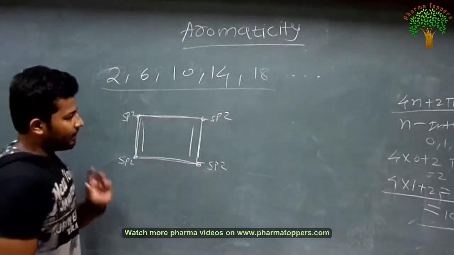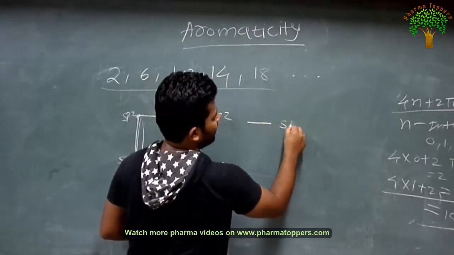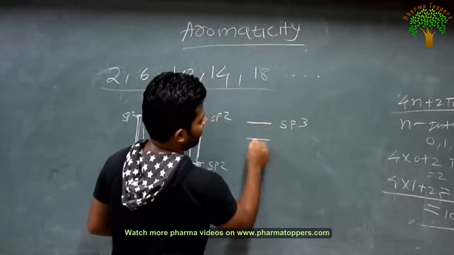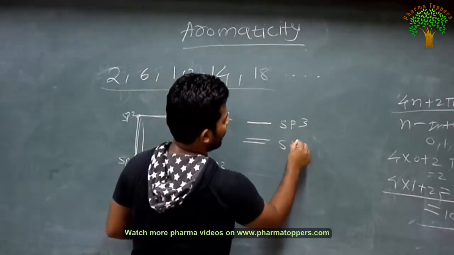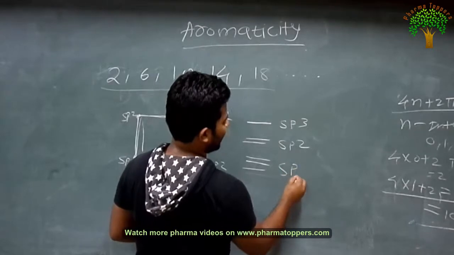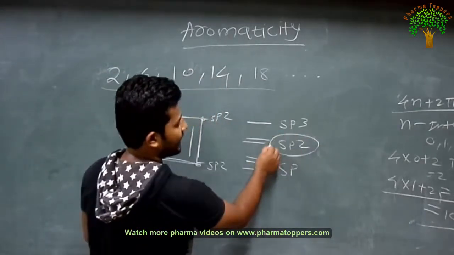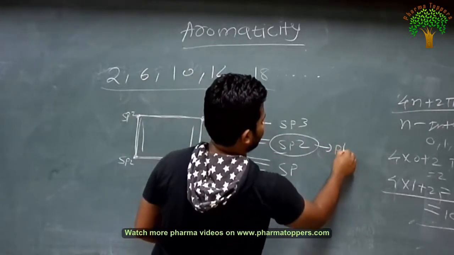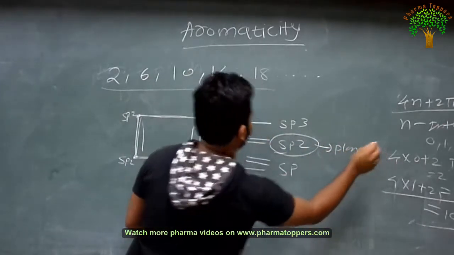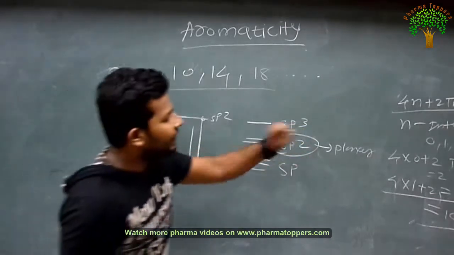Because remember, presence of a single bond is sp3 hybridization, presence of a double bond is sp2 hybridization, presence of a triple bond is sp hybridization. And for planarity, we require sp2 hybridization. Third rule also obeyed, and the next rule is the Huckel rule.